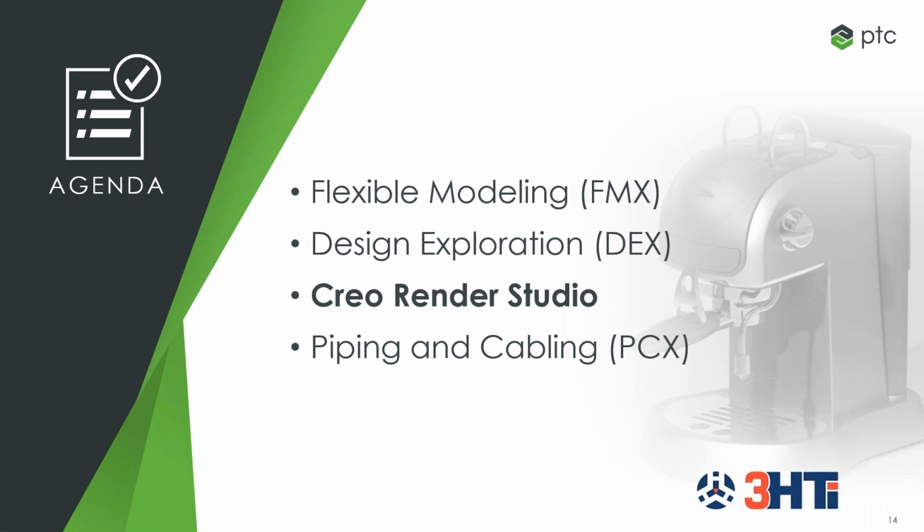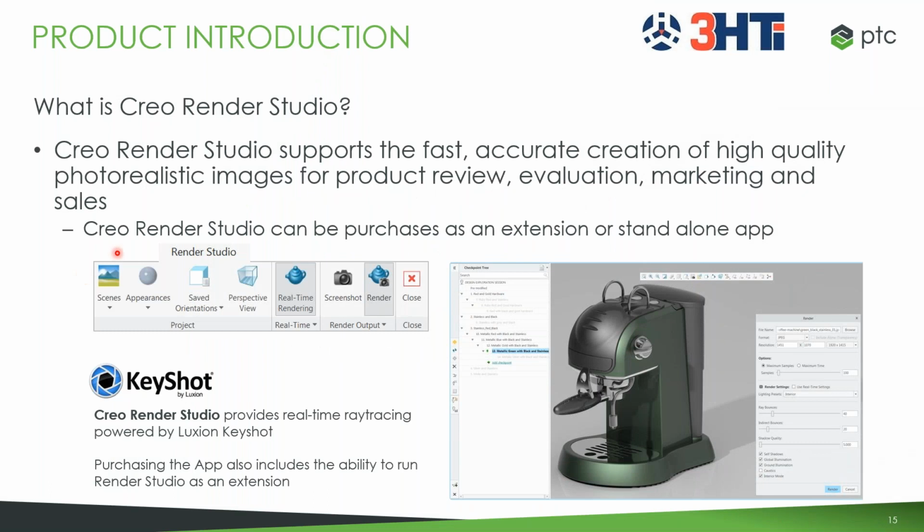All right, so Creo Render Studio, Paul touched on this a little bit, but with Creo Render Studio, assuming we have a package that does have this Creo Render Studio license, we can create some pretty nice looking renderings. Of course, there are more advanced rendering licenses that are available, but this is what's included in some of these base packages. But powered by Keyshot with their real-time ray tracing, so as you're moving the view around, it's rendering constantly.